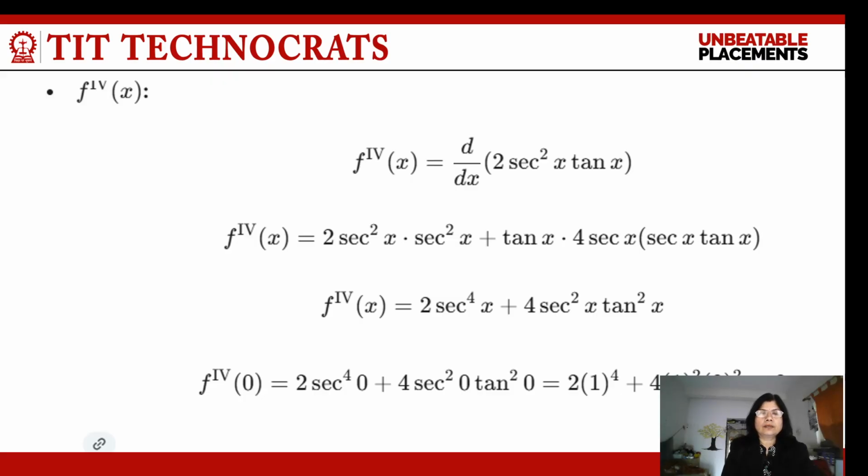Now simplify this. f fourth x is equal to 2 sec to the power 4 x plus 4 sec square x into tan square x.